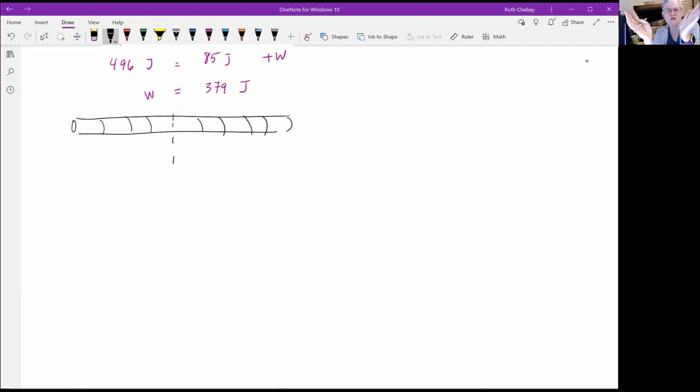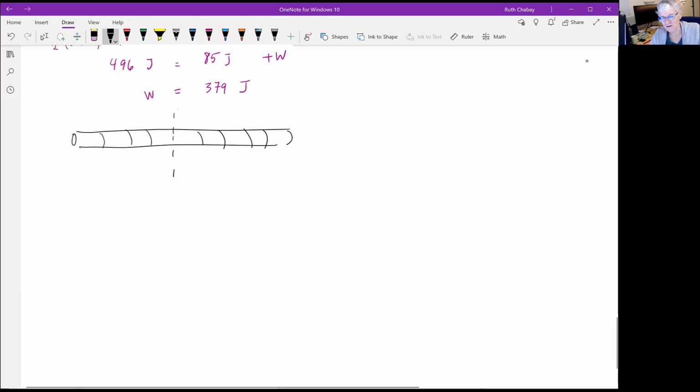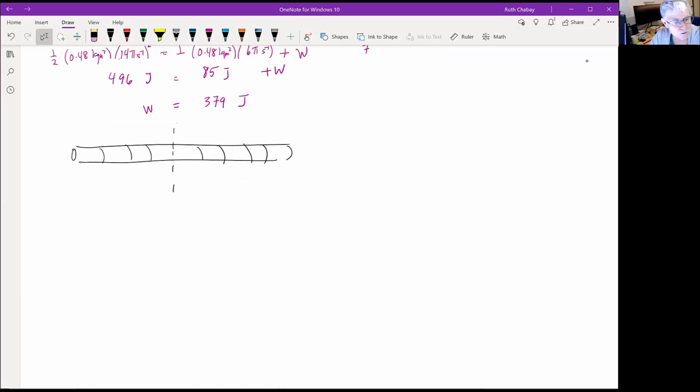If you make these pieces small enough, you can just do an integral. We're not really very interested in actually doing that. It's just geometry and not really that much physics in it.